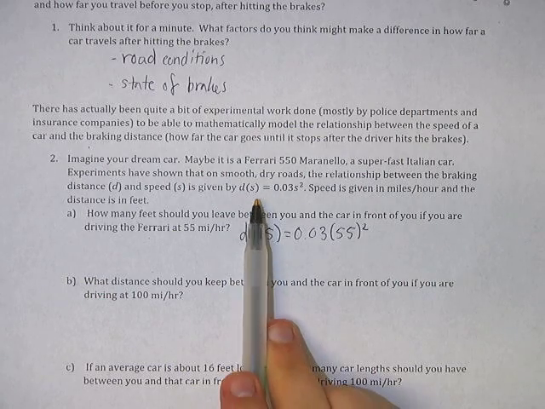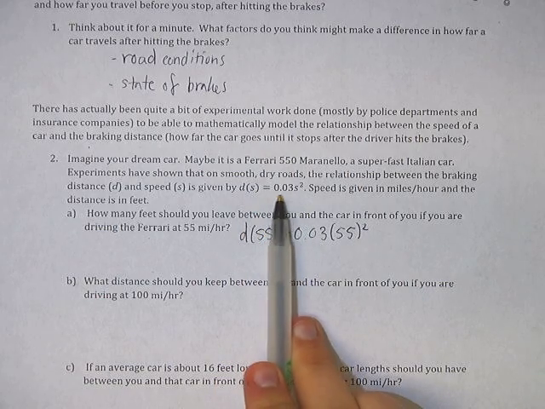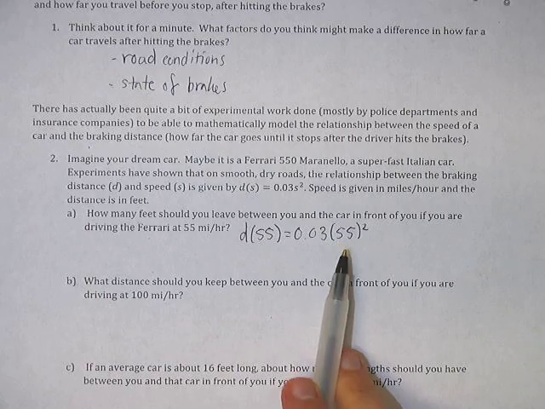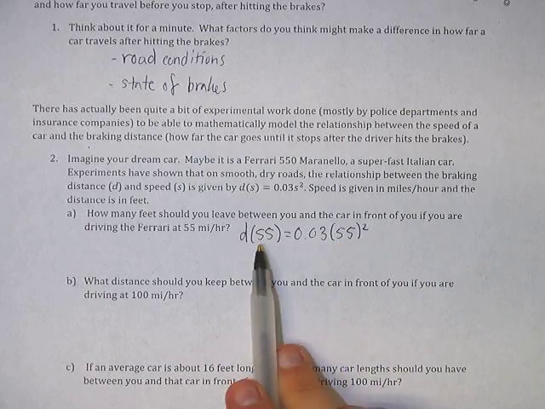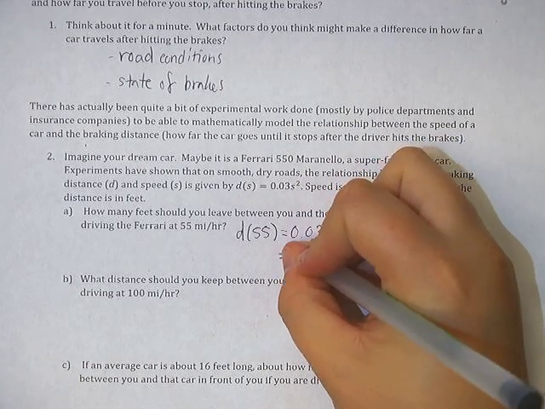Whenever you see something inside these parentheses, remember, from our original function, that goes in place of s. That means in our function over on this side, wherever we see an s, that 55 is going to go. When we plug this into our calculators, I would highly recommend doing this on a calculator just because the numbers do get kind of big.